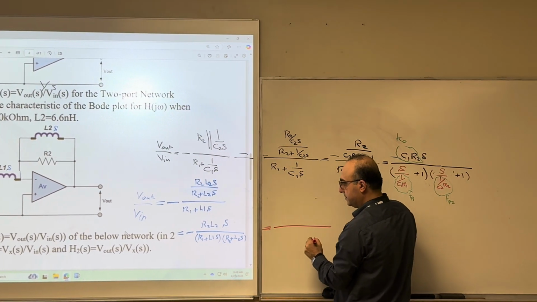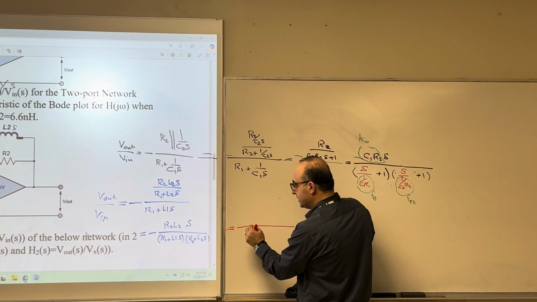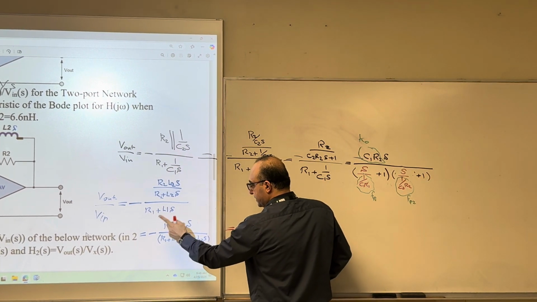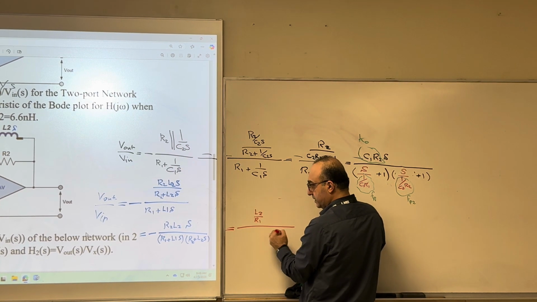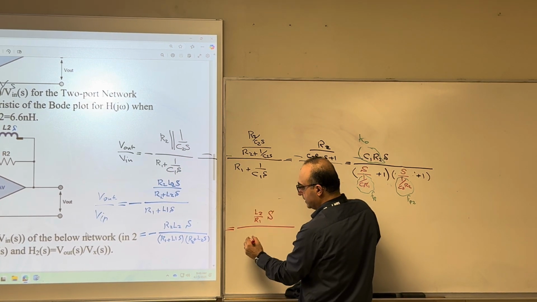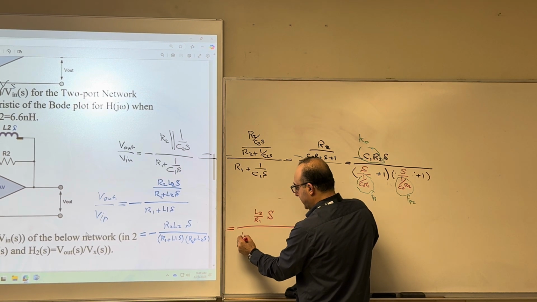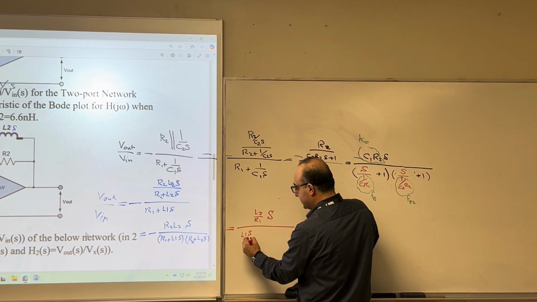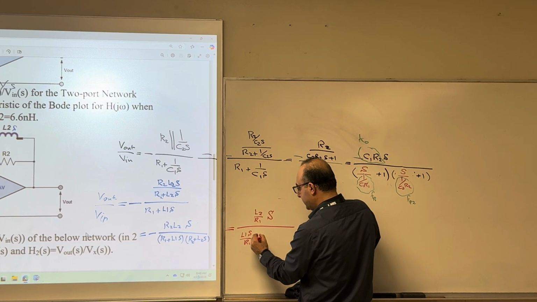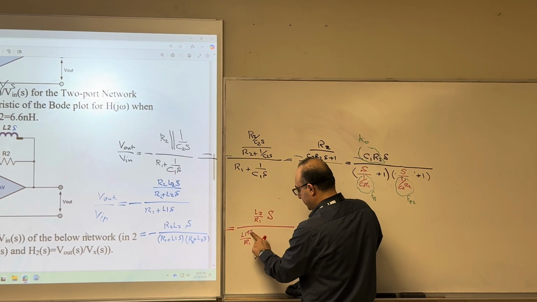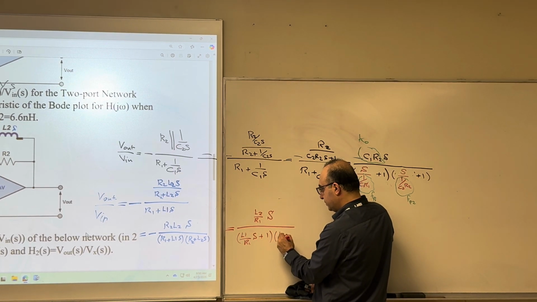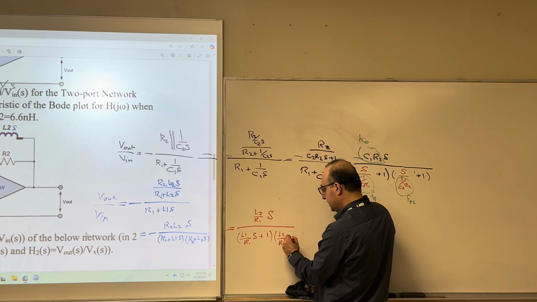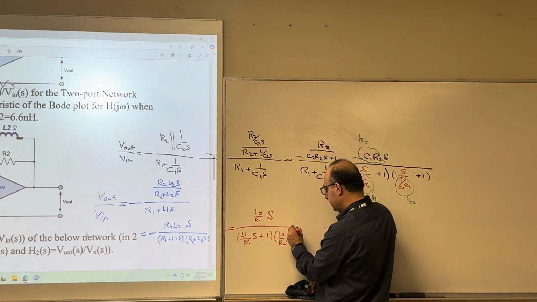The result is going to be, if I take R2 here, with this one cancelled, then it's going to be L2 over R1, I put it there, then it's going to be L1 S over R1, and I put this S here plus 1, then it's going to be L2 over R2 S plus 1.